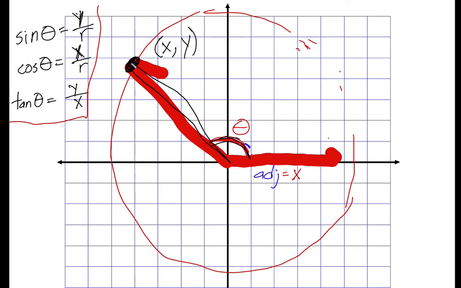R is the distance from the point to the origin. Y divided by r is the sine of theta. Cosine of theta is the x-coordinate of that point divided by r, the distance that that point is away from the origin. And tangent is y divided by x. Those three new definitions will still work even for right triangles, but let us go to angles bigger than 90 that won't fit inside a right triangle.